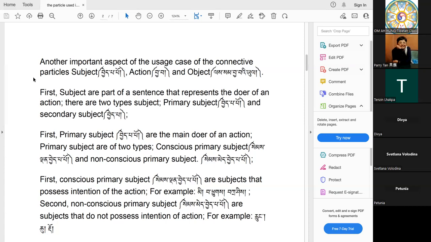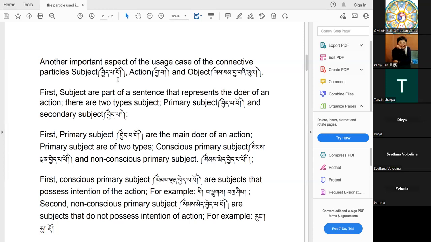And then we have the object, which is chawe yul, sorry. Chawe yul means the object of action. Or it could also be written as le. Chawa, action. Subject, chebapo.